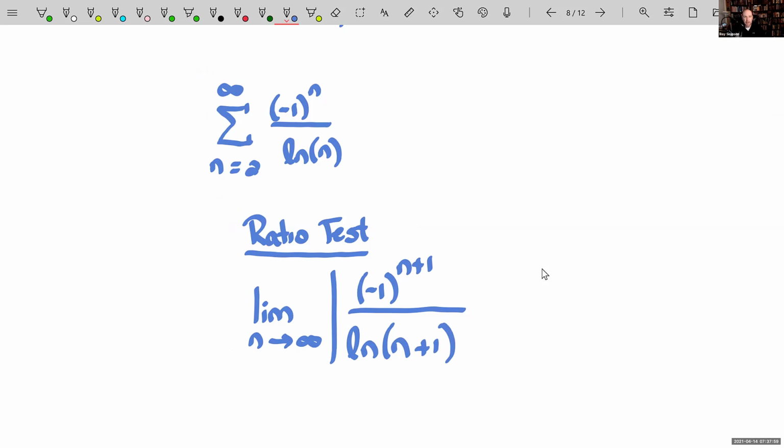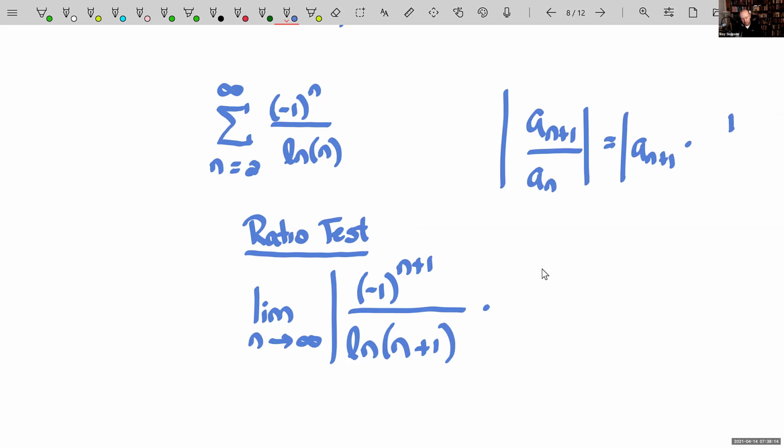Because you're taking the absolute value. The other thing I want to remind you of is it's the ratio of a sub n plus 1 to a sub n, but that's the same thing as saying I'm taking the a sub n plus first term and multiplying it by the reciprocal of the nth term. And the reciprocal of the nth term is just the reciprocal of that right there.